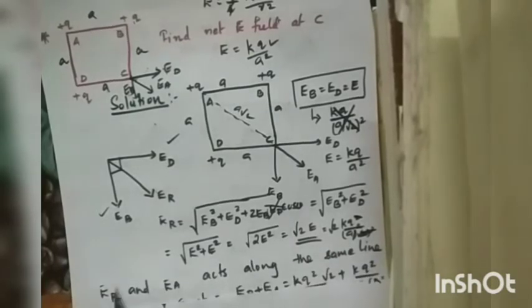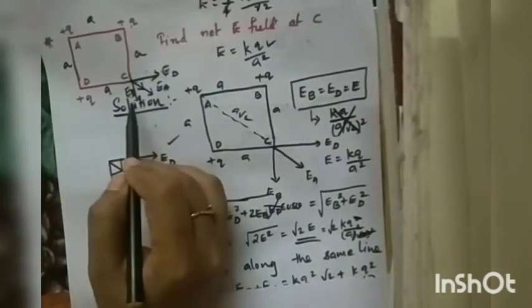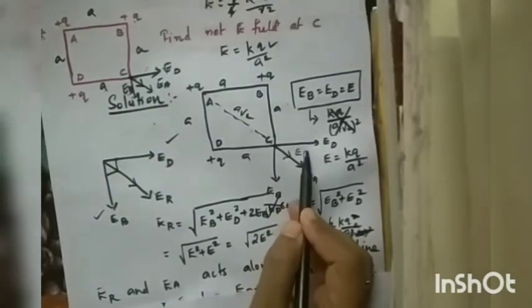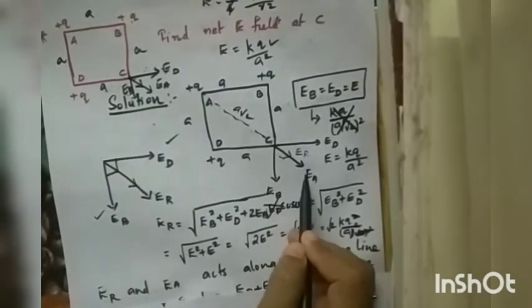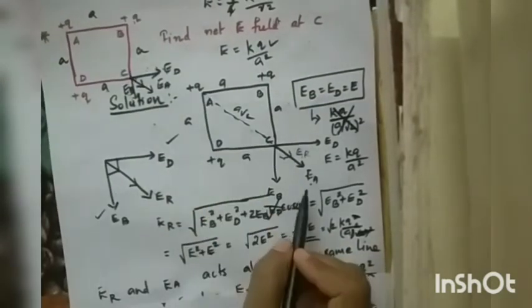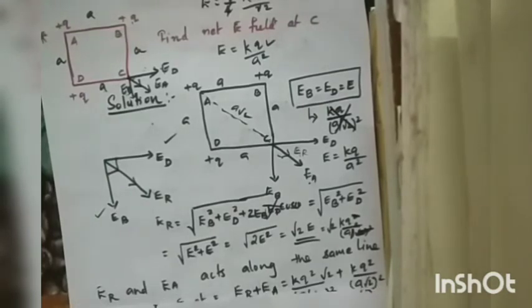Now this is the direction of the resultant, right? Also EA acts along the same direction, so both the resultant and the field due to the charge at A act along the same direction. Since ER and EA act along the same line, the net field is obtained by adding ER and EA.